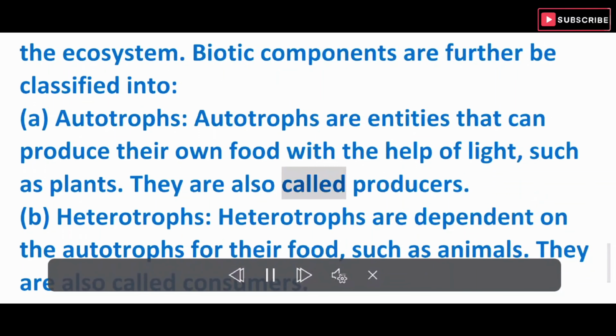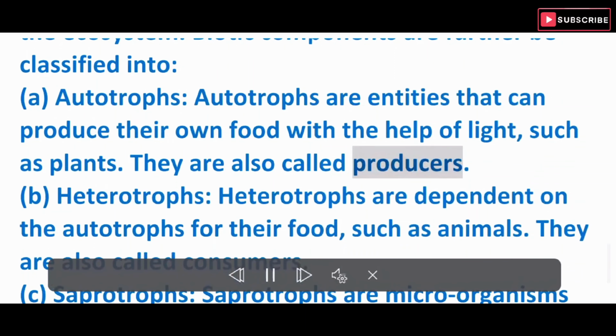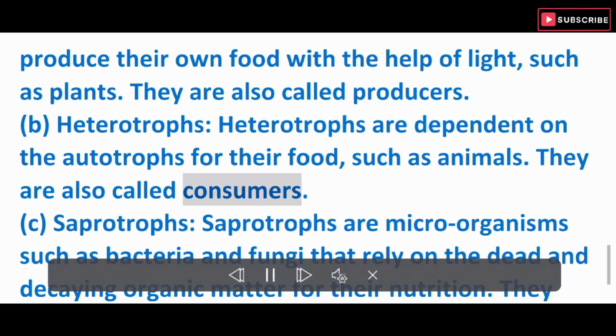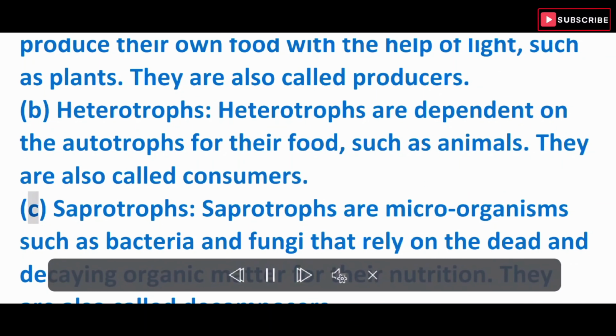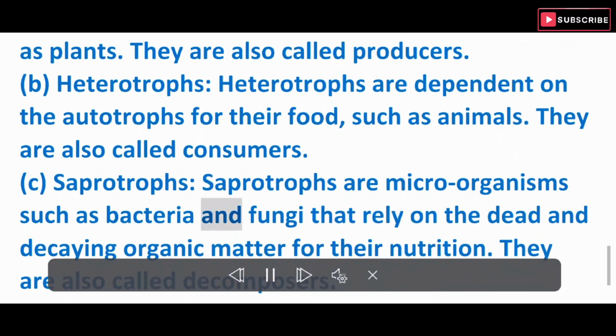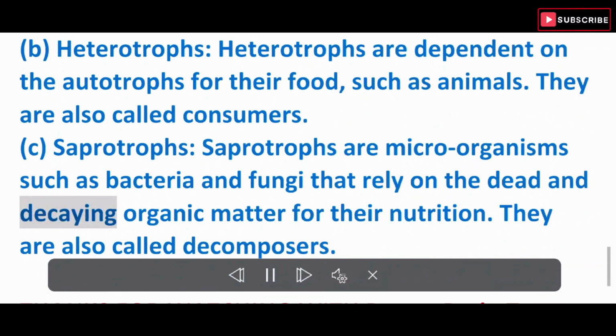They are also called producers. b. Heterotrophs. Heterotrophs are dependent on the autotrophs for their food, such as animals. They are also called consumers. c. Saprotrophs. Saprotrophs are microorganisms such as bacteria and fungi that rely on the dead and decaying organic matter for their nutrition. They are also called decomposers.